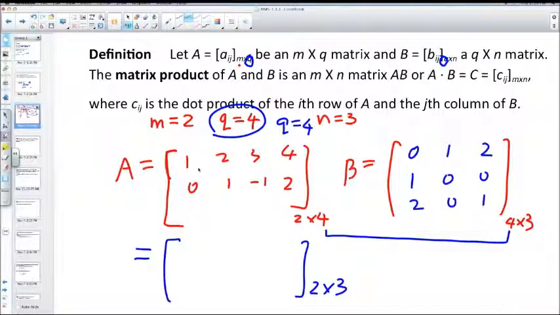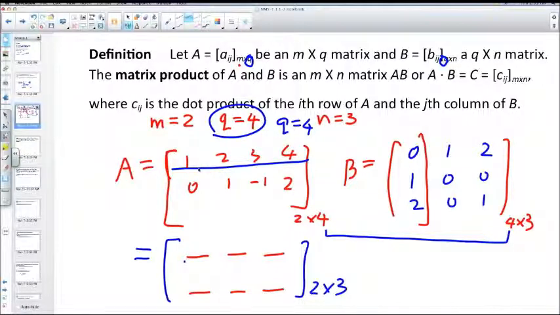Other than this, it's a dot product. For the first element, let's put the skeleton and then fill in the numbers. The first position is the first row, first column. Then you multiply this first row by this first column. Oops, I missed one thing.